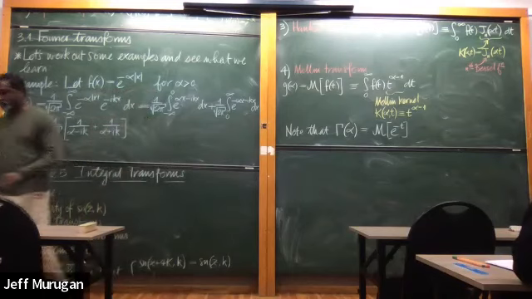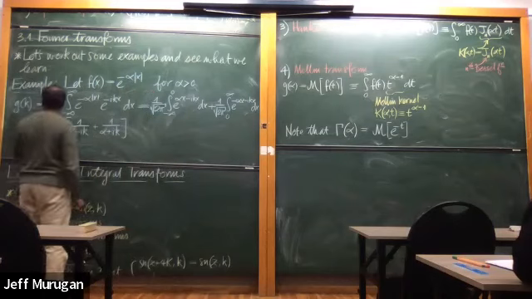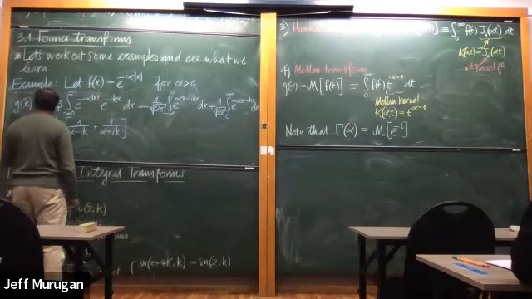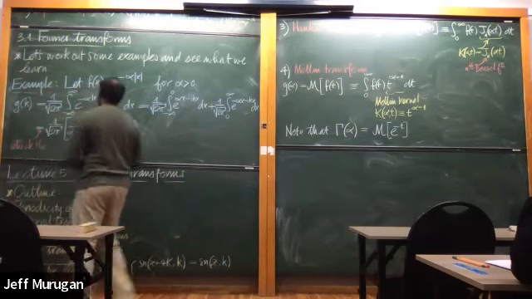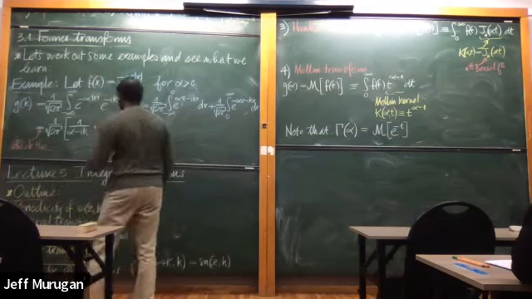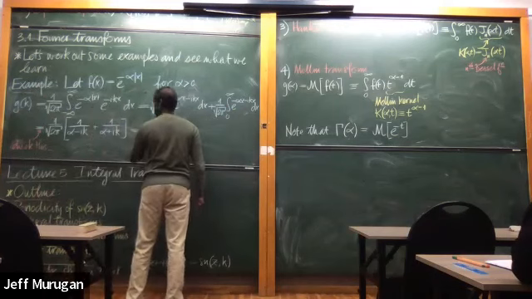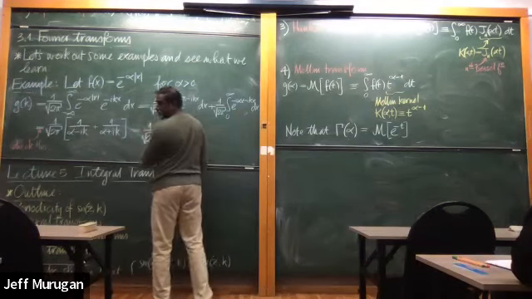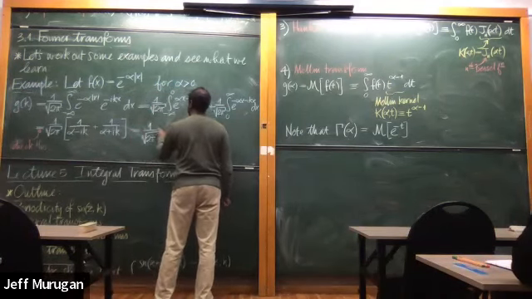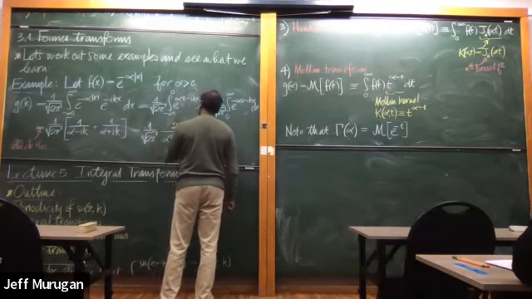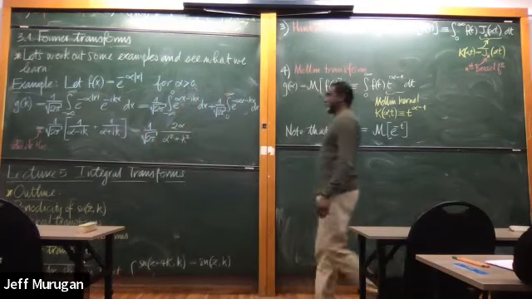Okay, as usual, let me check this. But I can then add these two things together, and this tells me that this is 1 over root 2 pi times 2 alpha over alpha squared plus k squared.